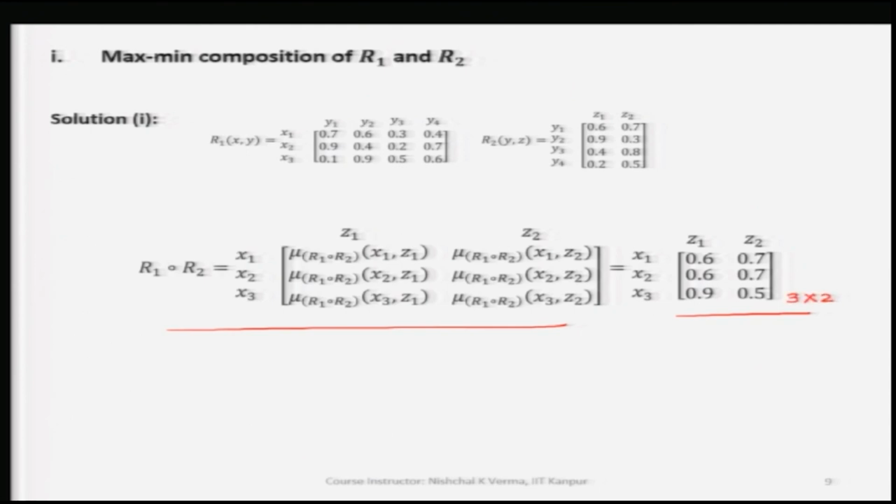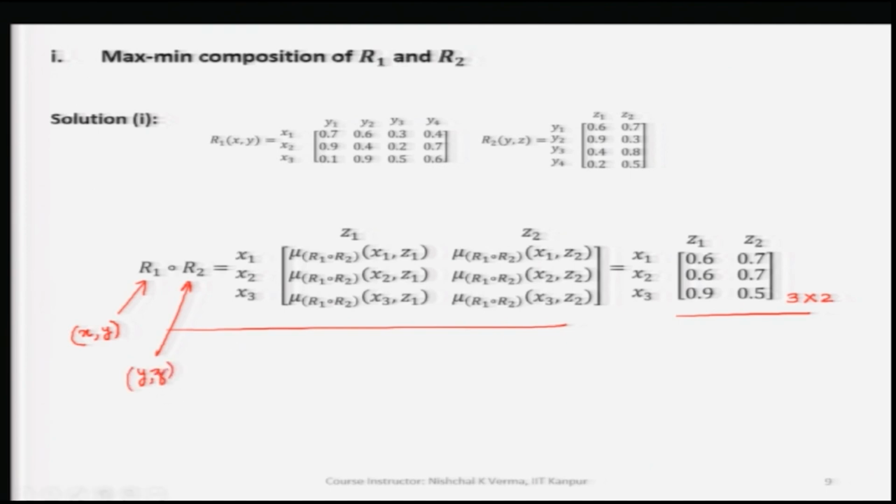So, this gives us the max min composition of R1 and R2, and let us recall that this R1 is defined in terms of x and y, meaning the fuzzy relation set R1 is in the universe of discourse x cross y, and here R2 is in the universe of discourse y cross z.